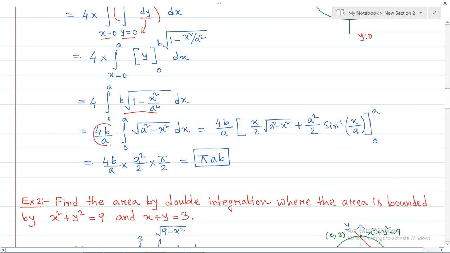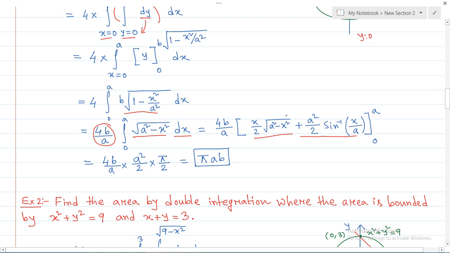So 4b by a is constant, it goes out of the integration, and we have 0 to a root of a square minus x square dx. Now this formula all of you know: x by 2 root of a square minus x square plus a square by 2 sine inverse of x upon a. The limit is 0 to a.